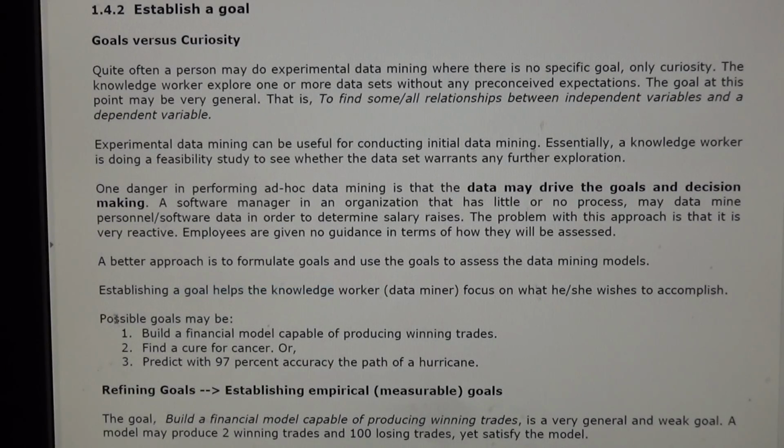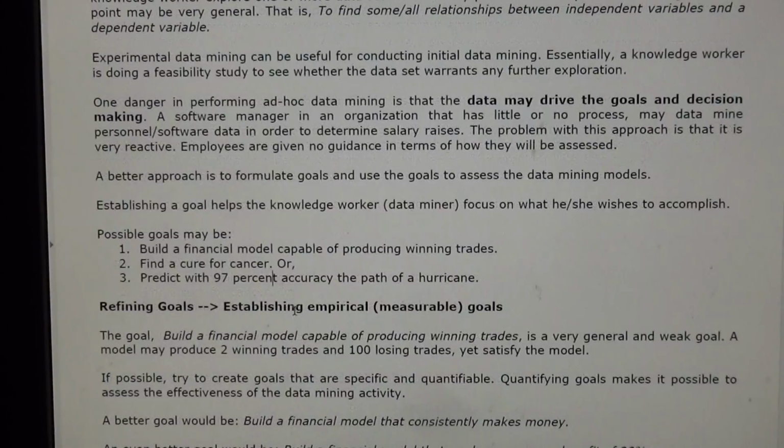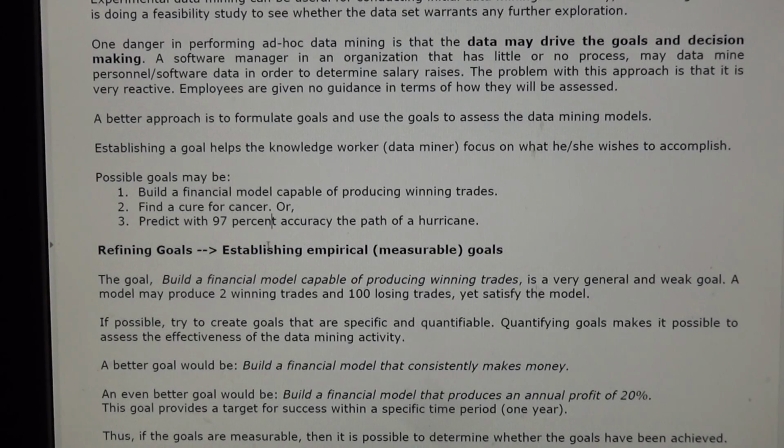So some goals: build a financial model capable of producing winning trades, find a cure for cancer, or predict with 97% accuracy the path of a hurricane. Well, those are some goals, but we might want to refine them and have empirically measurable goals. So build a financial model capable of producing winning trades is very general.